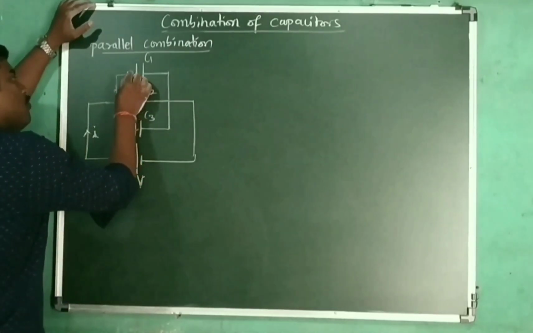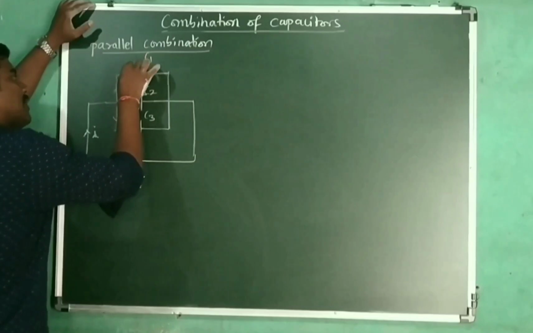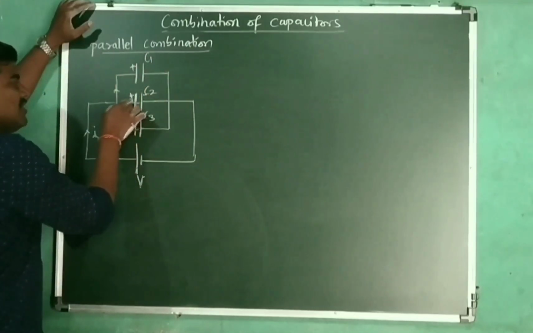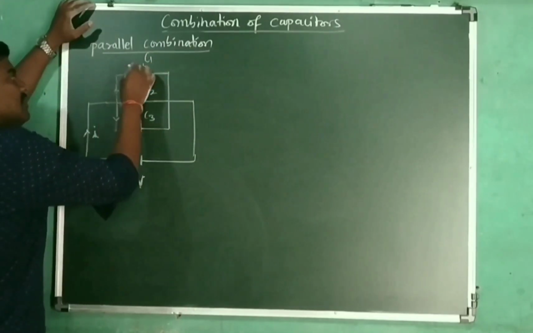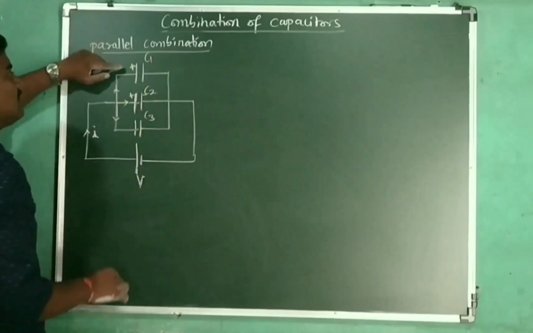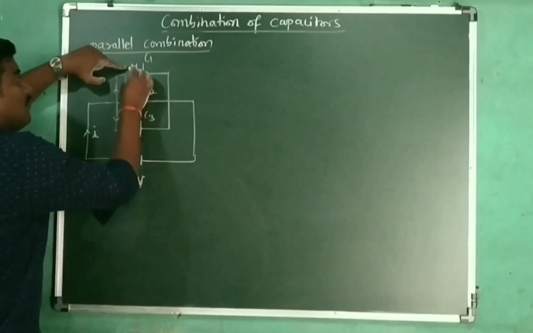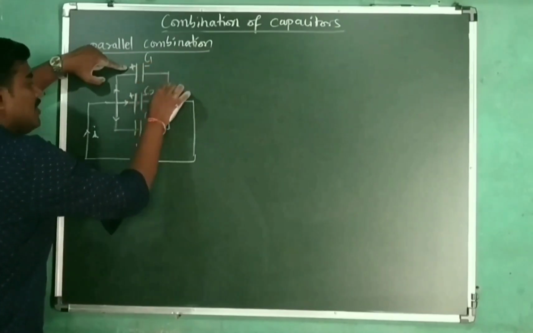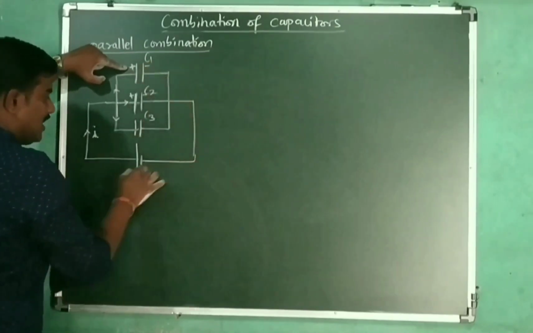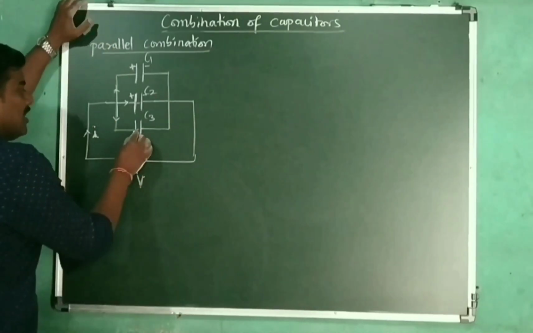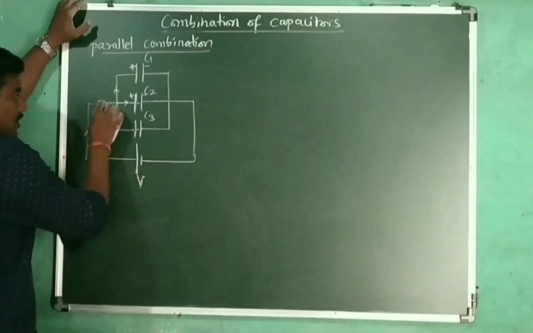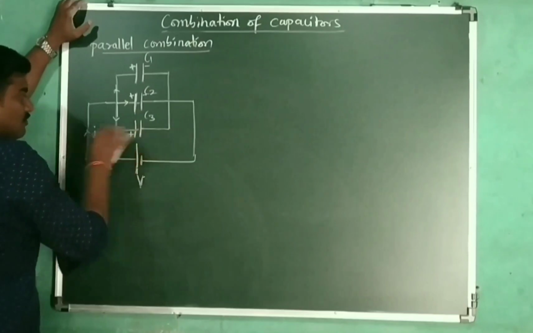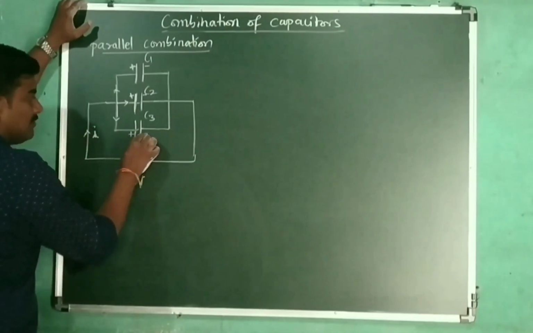Now the charge will go at this point and locate at this plate. Due to repulsion, the charge will not go to this plate. Let us consider this, at this point it will go. And once again, if this is positive, then certainly this plate will be negative, and the positive charge of this plate goes to the negative terminal. Similarly, one more charge comes from the positive terminal and locates at this plate, and similarly it becomes negative.